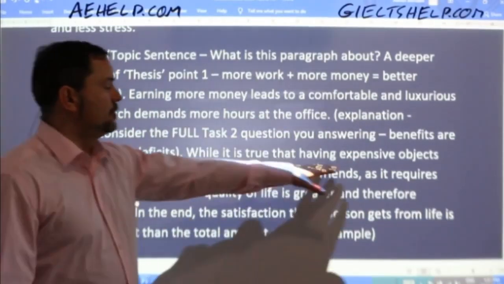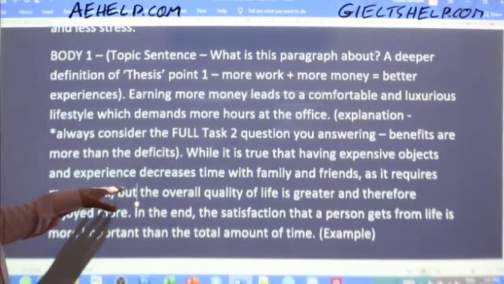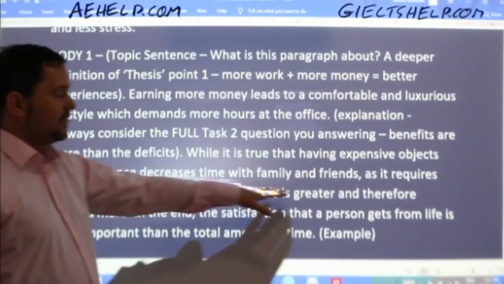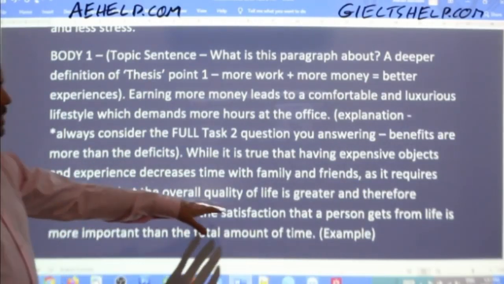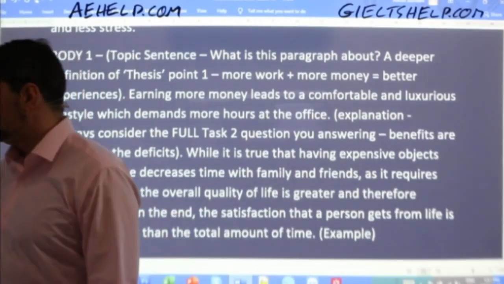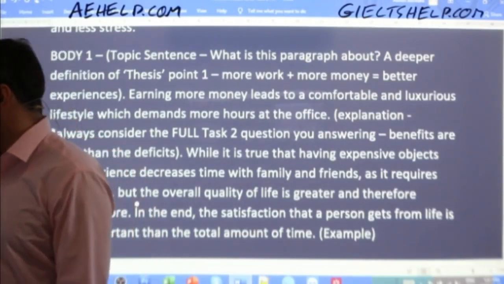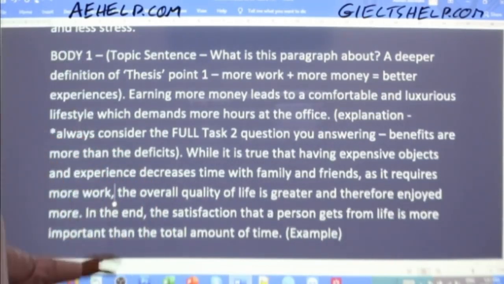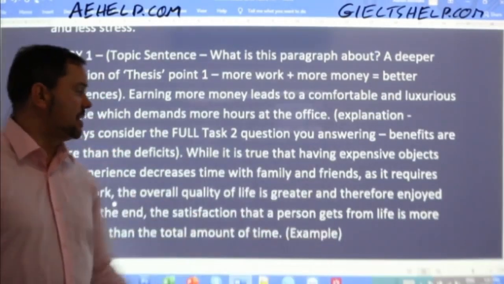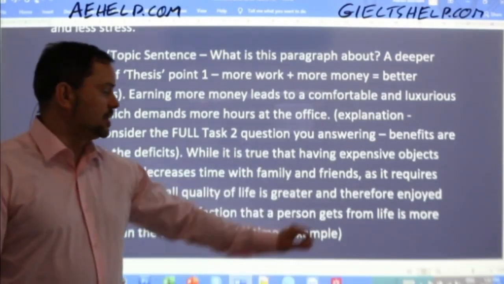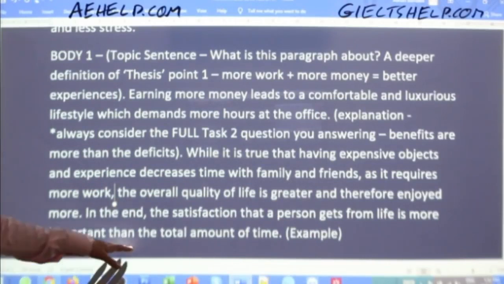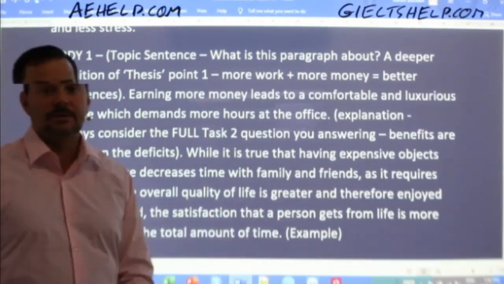While it is true that having expensive objects and experiences decreases time with family and friends, as it requires more work, the overall quality of life is greater. Need to take out "but" because it's a double negative. The overall quality of life is greater and therefore enjoyed more. In the end, the satisfaction a person gets from life is more important than the total amount of time.